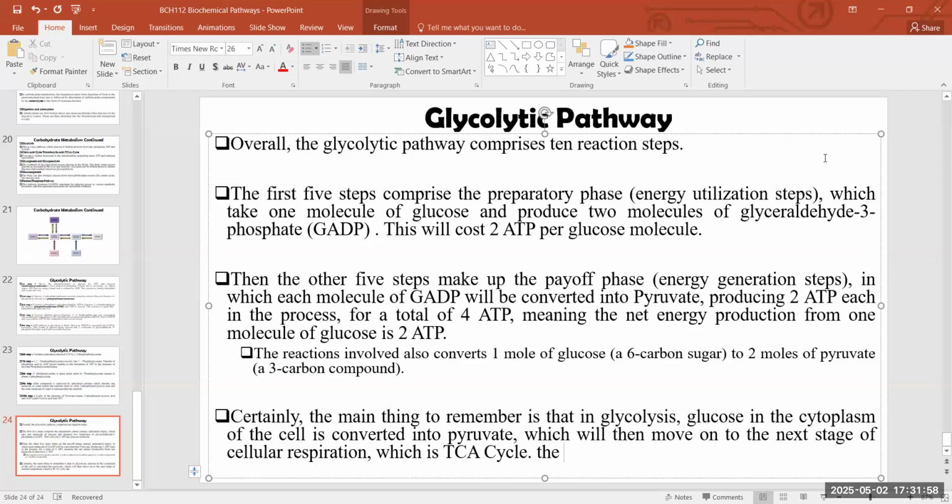You are correct. The glycolytic pathway is one of those biochemical reactions that started way back at the beginning of life, which means that this anaerobic reaction can occur in any kind of cell, whether it is a prokaryotic cell or a eukaryotic cell.